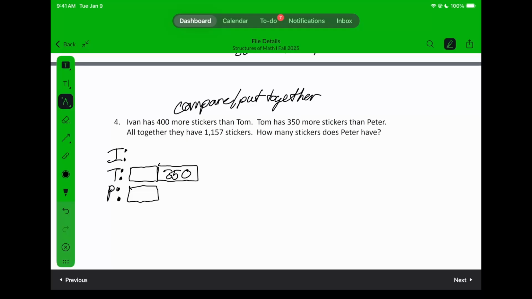And then Ivan has Tom's exact amount, which encompasses both Peter's exact amount plus this 350 plus another 400. And then in total, they have 1,157. And then the question is, how many stickers does Peter have? There we go.